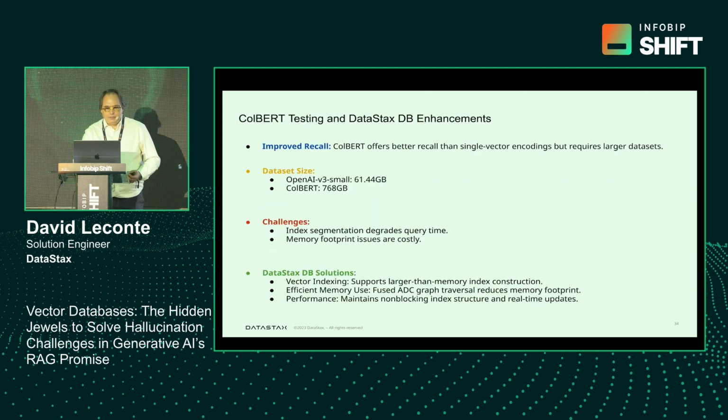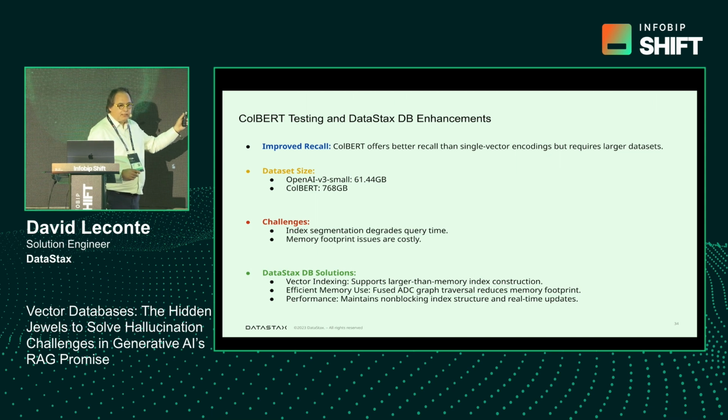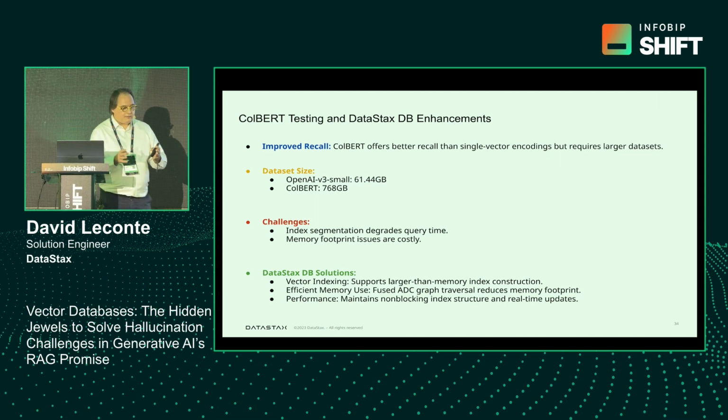Let me go quick here to say, as an example, if you embed with the OpenAI embedding model, the space it will take on disk for a 10 million data set will be 60 gigs. If you go to ColBERT, you will have 12 times the amount, which means that you will have a degradation over time as soon as you are going to index, and you will have issues managing the memory.